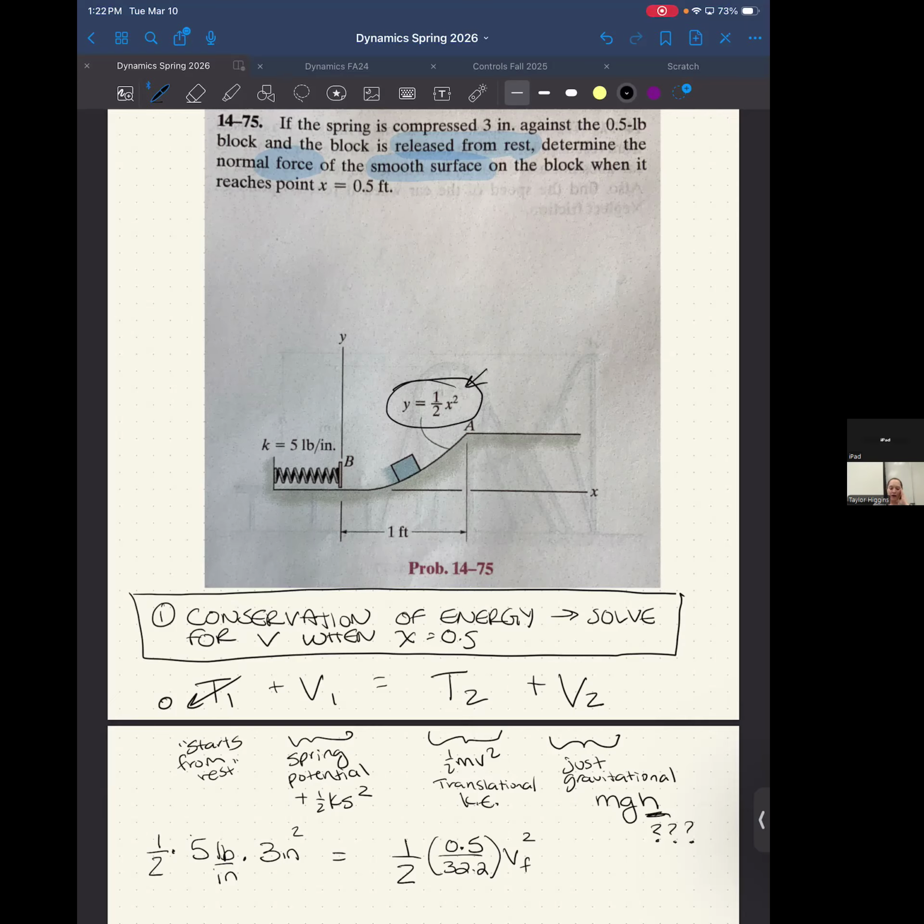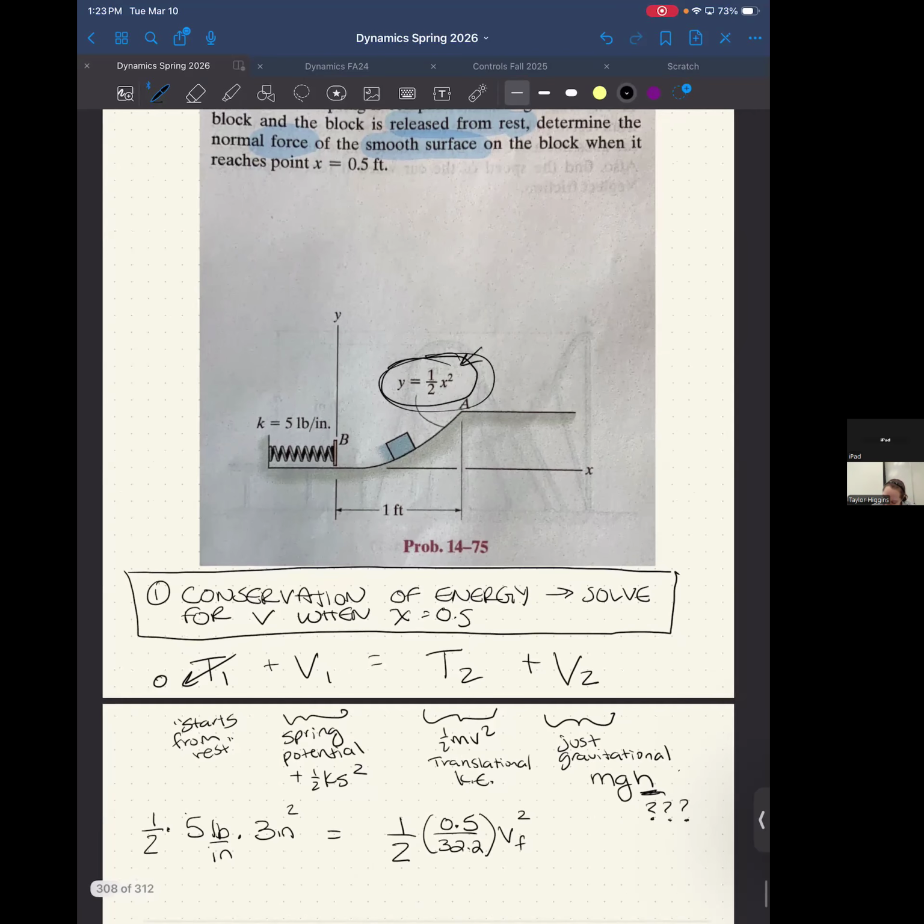How should we figure out the height? Yep. Absolutely. 1/2 x squared is the height. And we know that it's asking us about x being 0.5 feet. Okay.